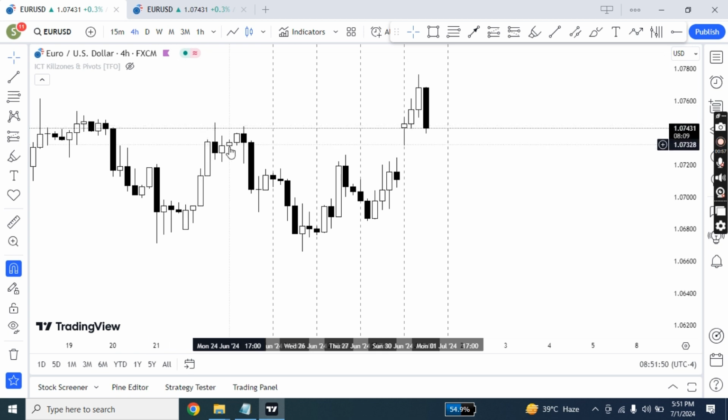So we're gonna obviously start off with key opening times right here, and you know that the daily candle opens and closes at 17 Eastern time or 5 p.m. Eastern time.